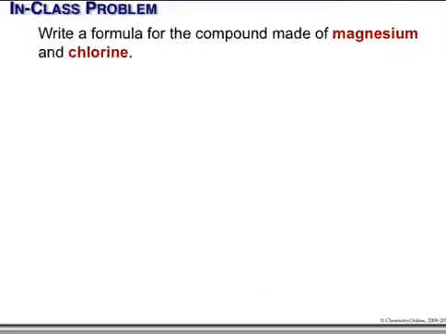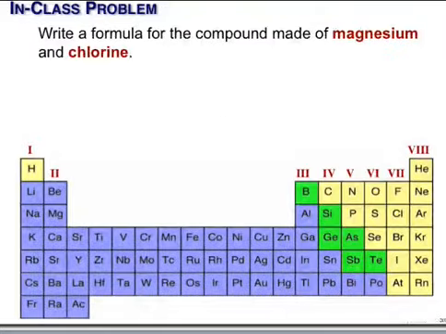Well, let's just look at a couple quick problems. Look at my periodic table here and give me the formula for a compound made with magnesium and chlorine. Well, step 1, we have to find them, right?